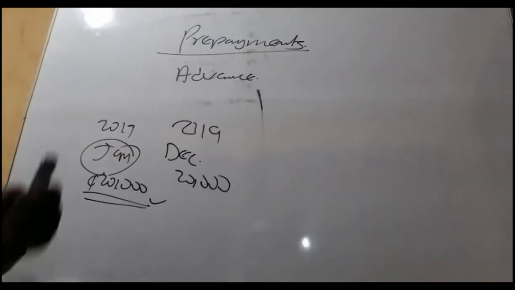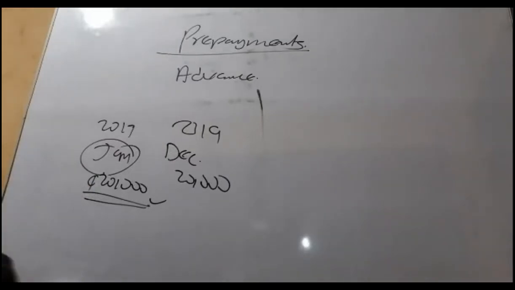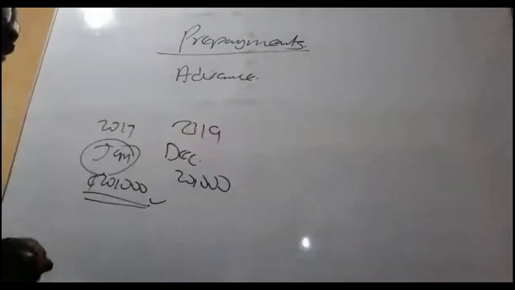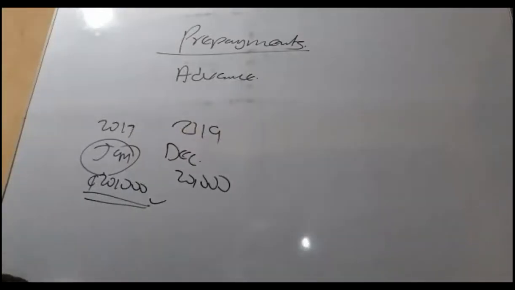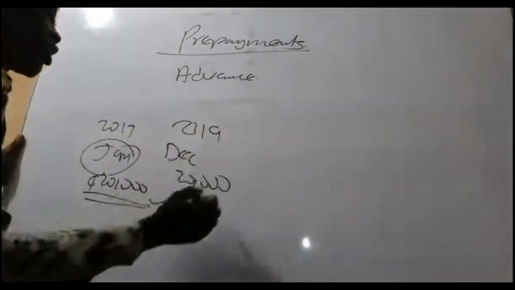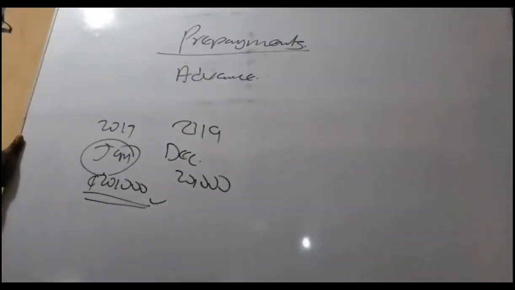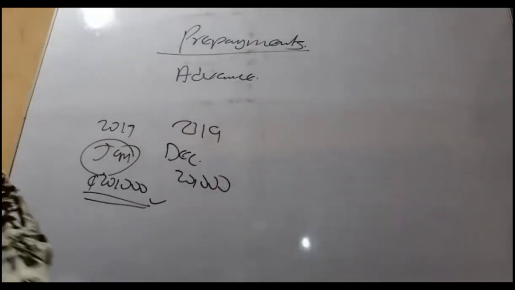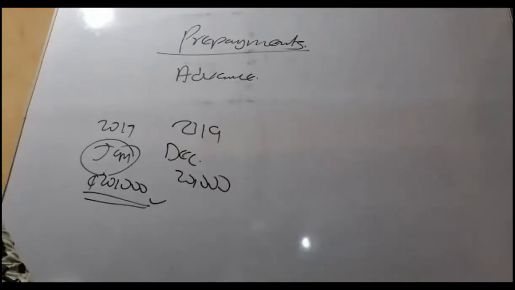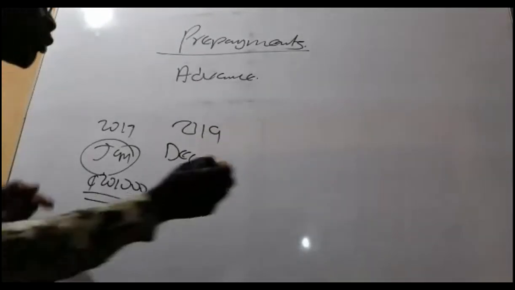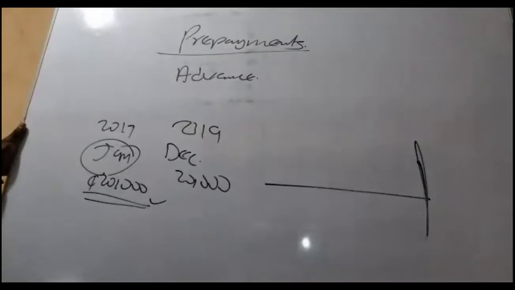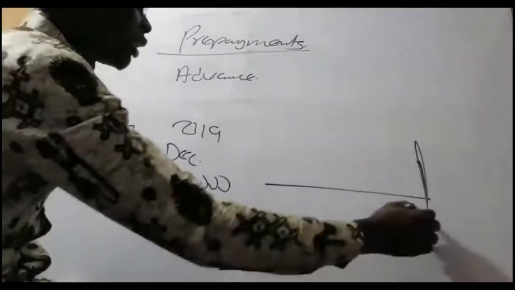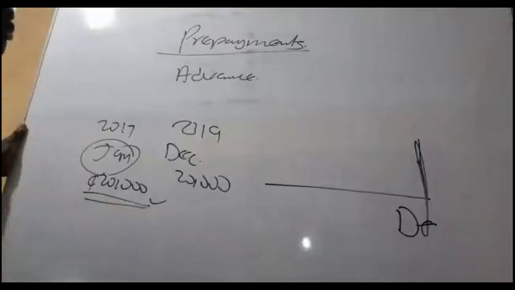Most of you had it correct, but the issue is this. The question is, when are you preparing the financial statement? Most financial statements are at the year end. When you are preparing a financial statement as at December, the end of the year, and you paid it, it's not prepayment.